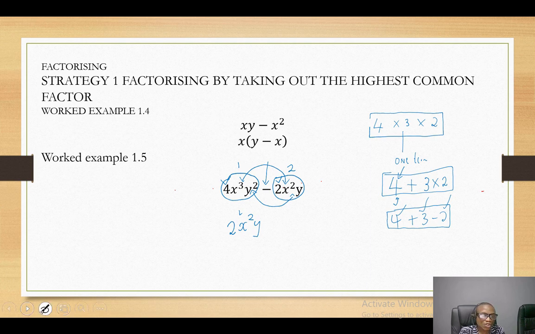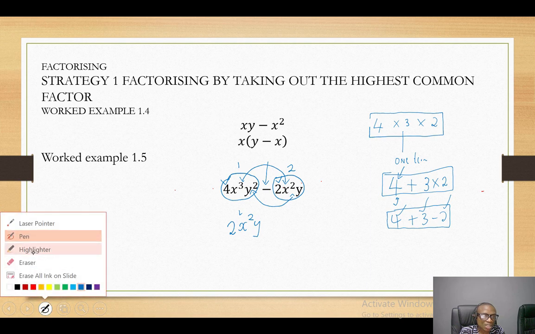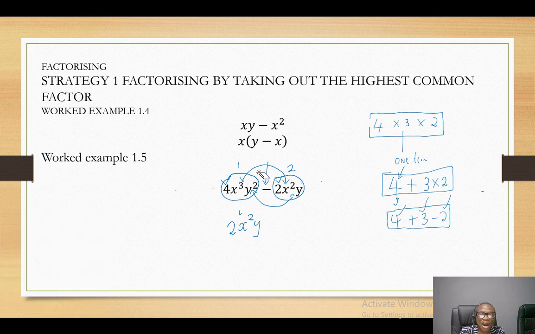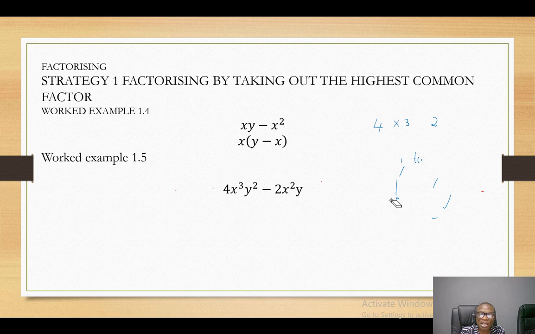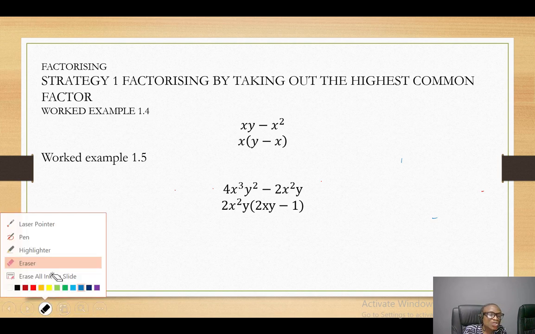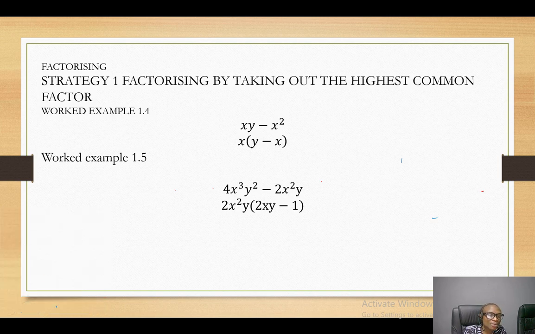Please guys, you should be able to identify your highest common factor. Once you see the highest common factor, you are going to write it outside the bracket. So let's see what I've done here. My highest common factor is 2x squared y.